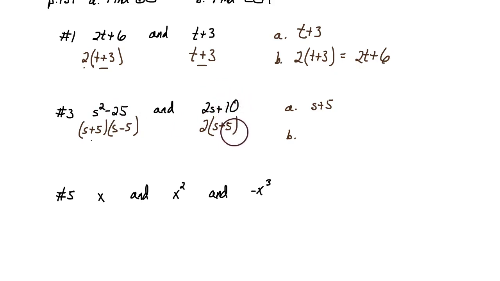Now let's create our least common multiple. From the first expression, choose the first factor you see, S plus 5. Then choose the other factor you see, the S minus 5. I need to put S plus 5 in parentheses so that when I write S minus 5 next to it, it looks correct.